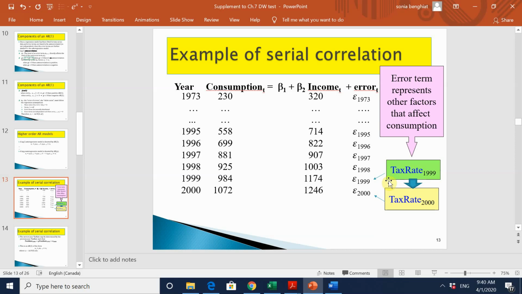So that makes a lot more sense, right? Now we start to understand why there is this dependency in the error term, and that is because the error term is mostly made up of tax rate data, which was not explained by the income.